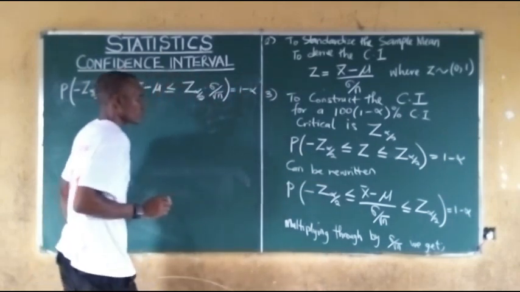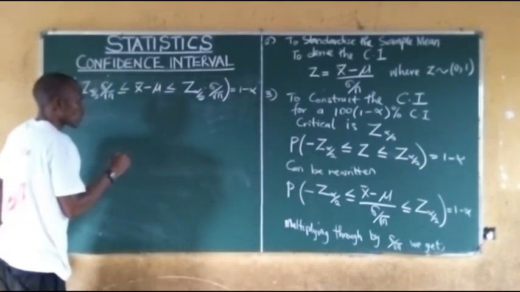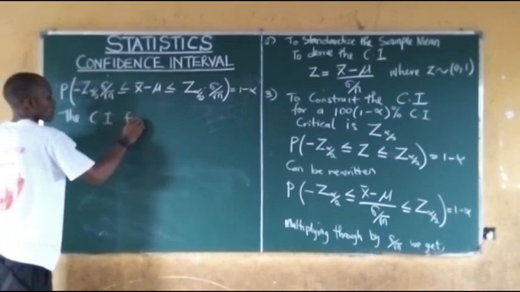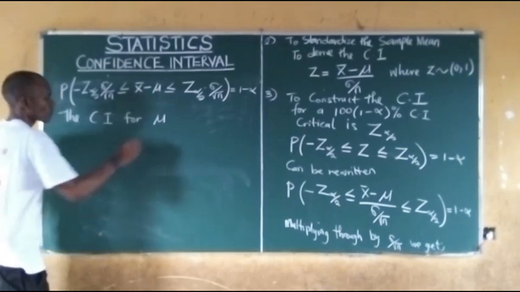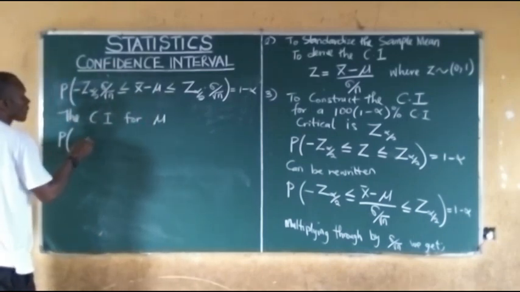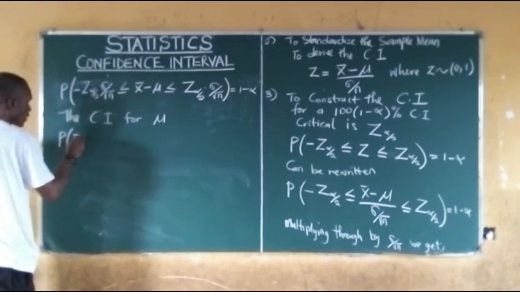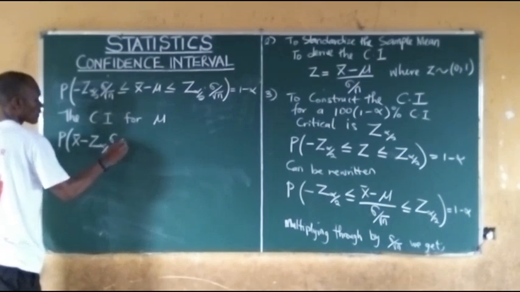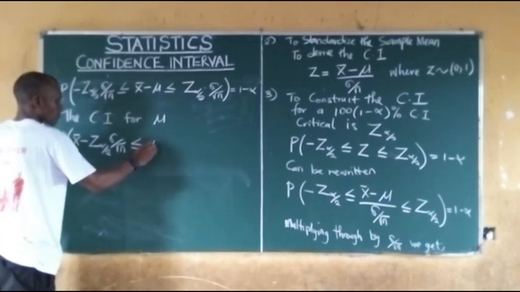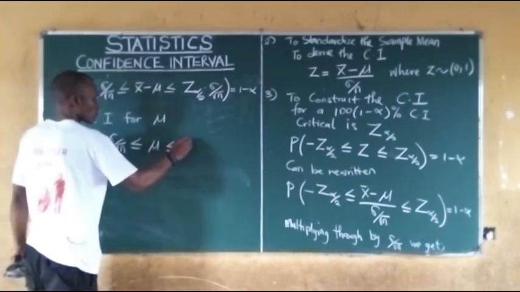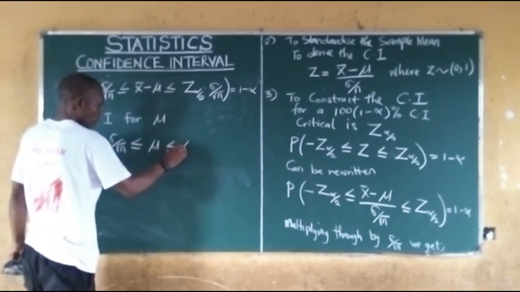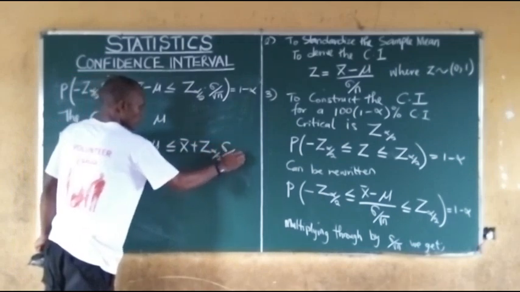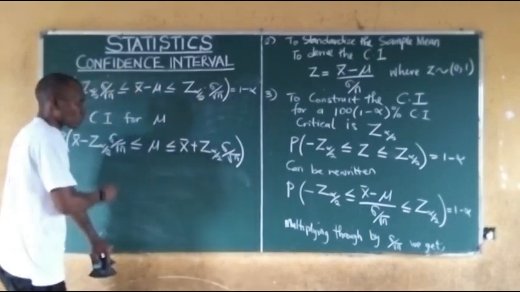So this is what we have. That means the confidence interval for mu will be, rearranging, x bar minus z alpha over 2 sigma over square root of n is less than or equal to mu, and is less than or equal to x bar plus z alpha over 2 sigma over square root of n. So this is what we get.